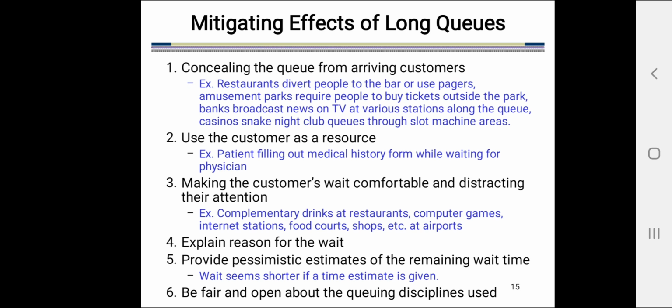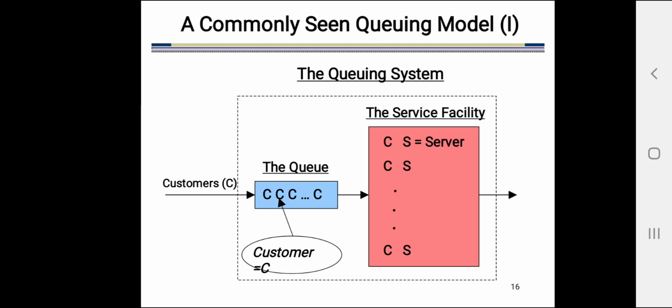Then explain reason for the wait. Provide pessimistic estimates of remaining wait time, that wait seems shorter if a time estimate is given. Be fair and open about the queue disciplines used. So these are some effects of long queues.